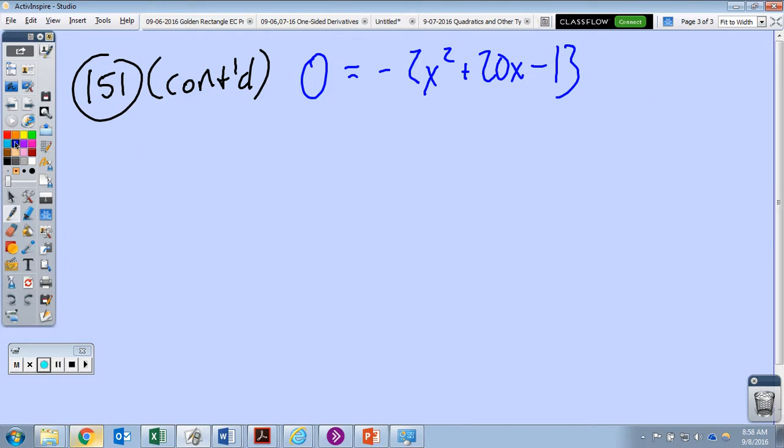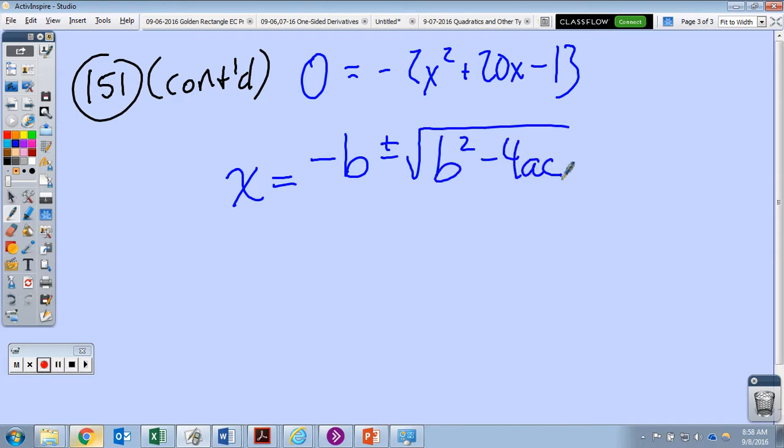All right, so the quadratic formula, we say x is equal to the opposite of b plus or minus the square root of b squared minus 4ac all over 2a.